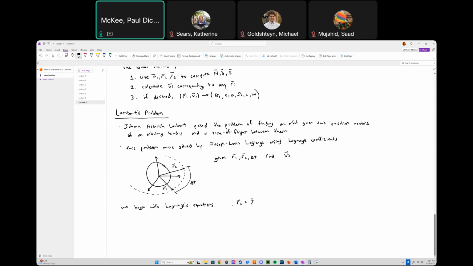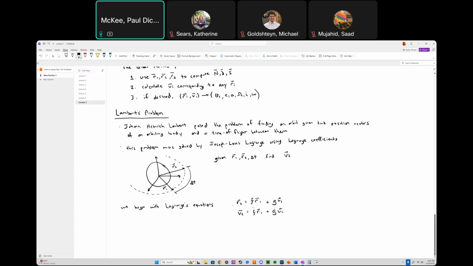So it's f, where f is a scalar, it's not a function: f scalar R1 plus g scalar V1. And then V2 is f dot R1 plus g dot V1.